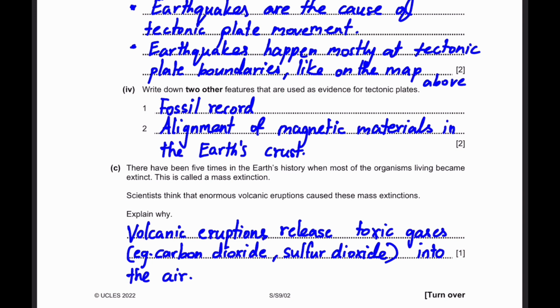But the important part is that they are all toxic gases. So because of this toxic gas release, most of the organisms breathe it in and it caused huge damage for their health. And also, it settled in the air like dark clouds, which made sure that there was no sunlight coming into the Earth's surface.